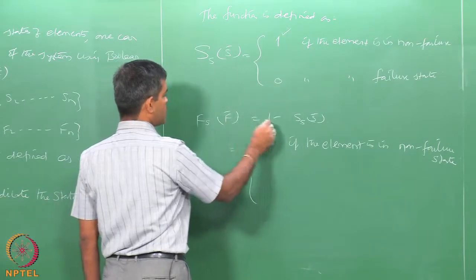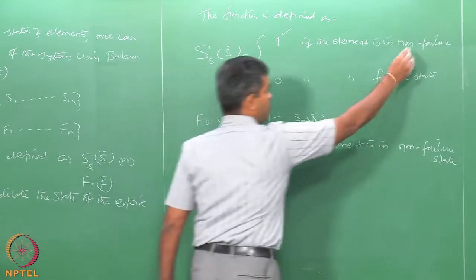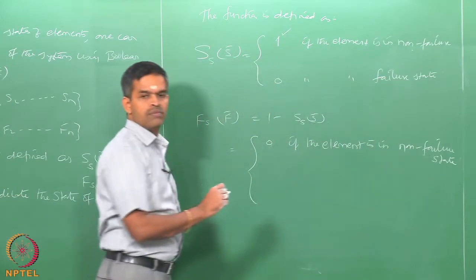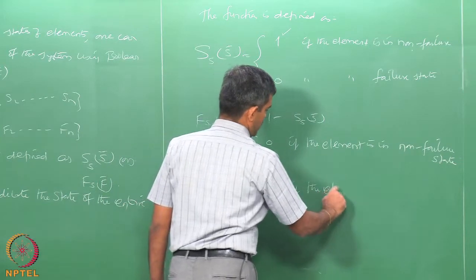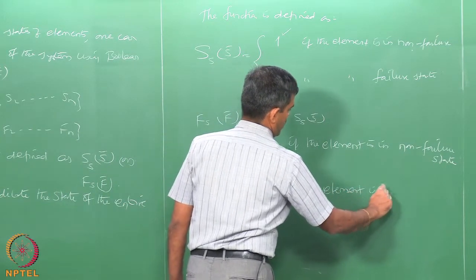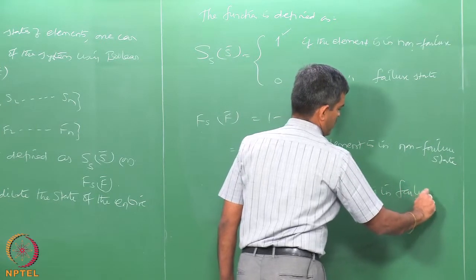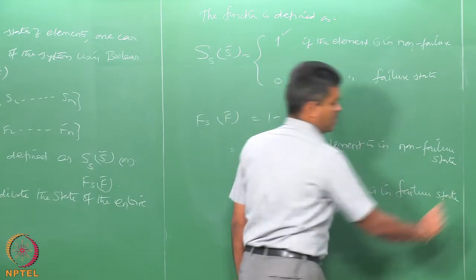Since Fs(F bar) is 1 minus this, for a non-failure state this becomes 0, okay, and of course it becomes 1 if the element is in failure state. Is it okay?